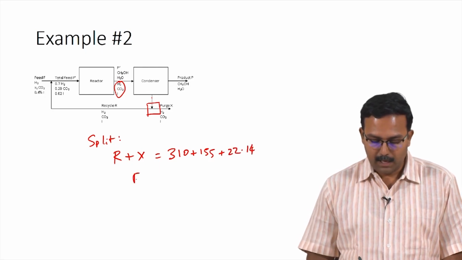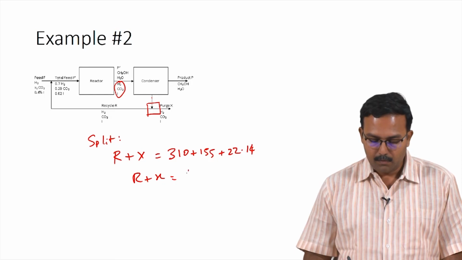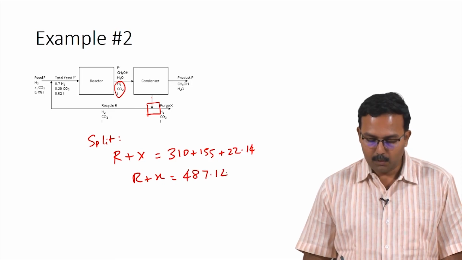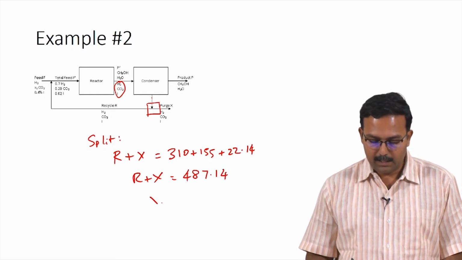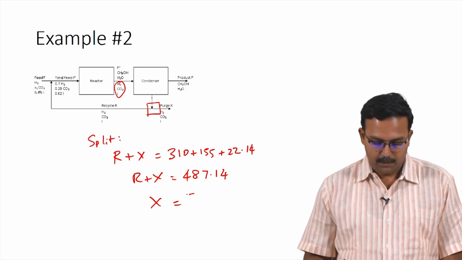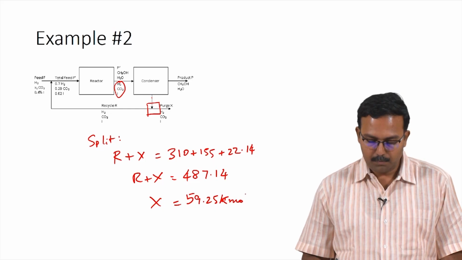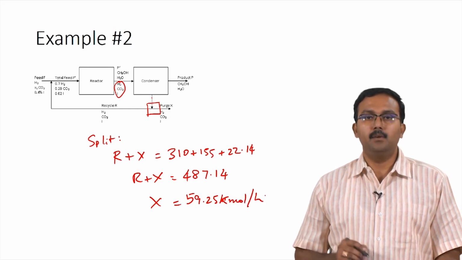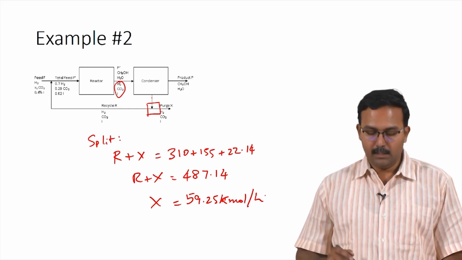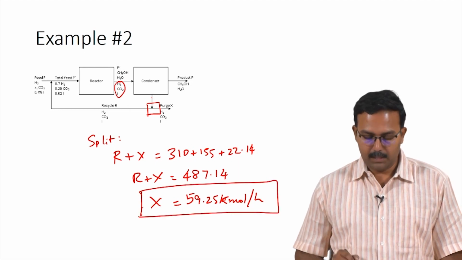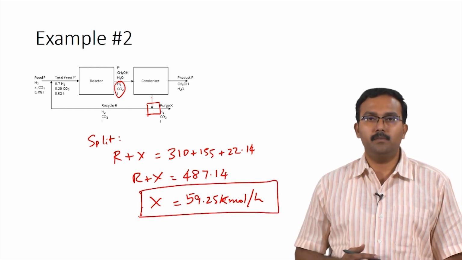So, R plus X equals 487.14. We can calculate X as 59.25 kilomoles per hour. So, with this we have also calculated the number of moles of purge stream which is being sent out of the system.